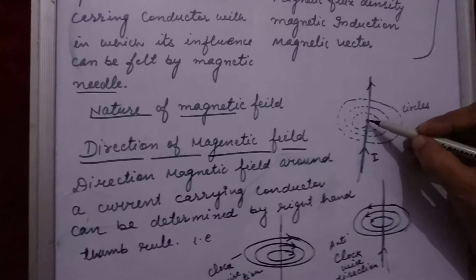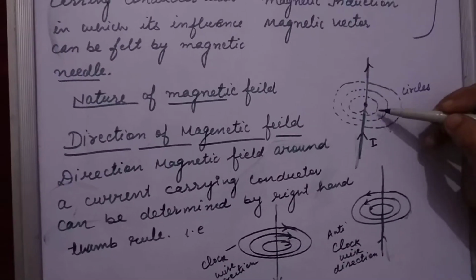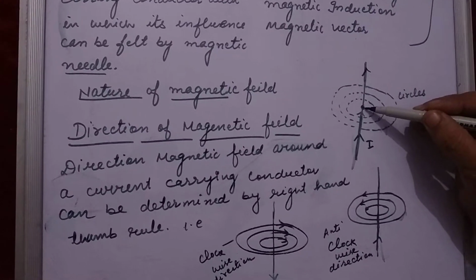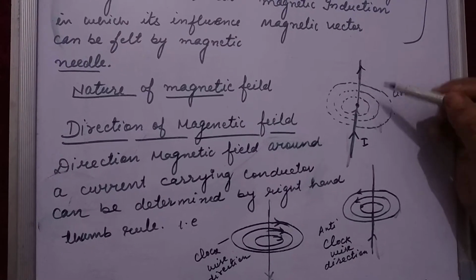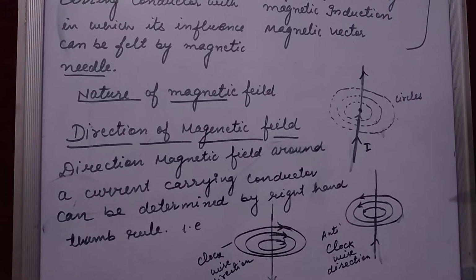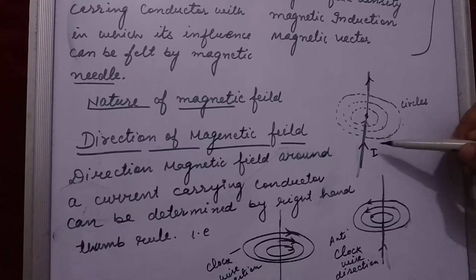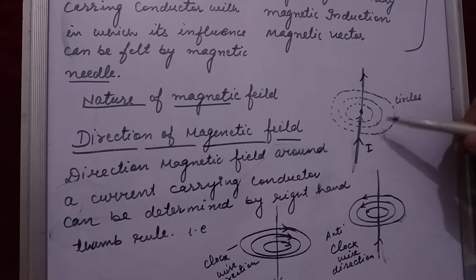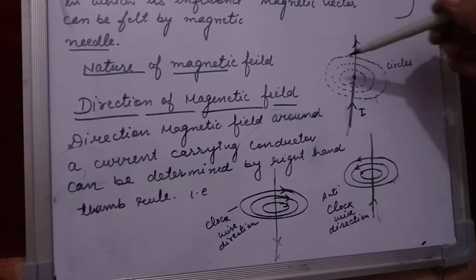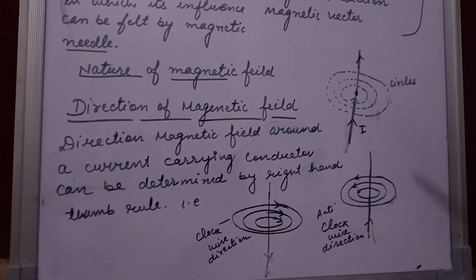The magnetic field will be produced in the form of circles: a circle of smaller radius, then increasing radii, many circles but with a common center. So the magnetic field produced around a current carrying conductor is in the form of concentric circles.